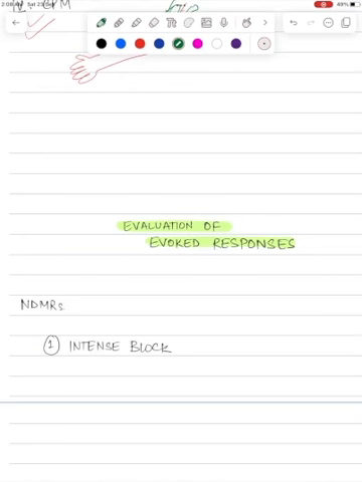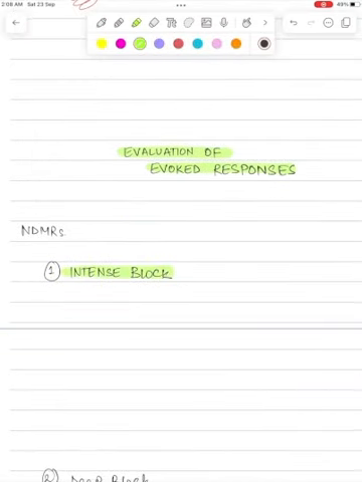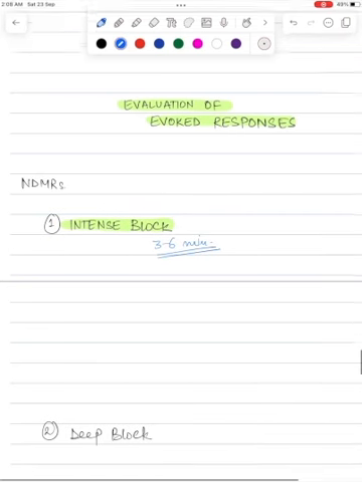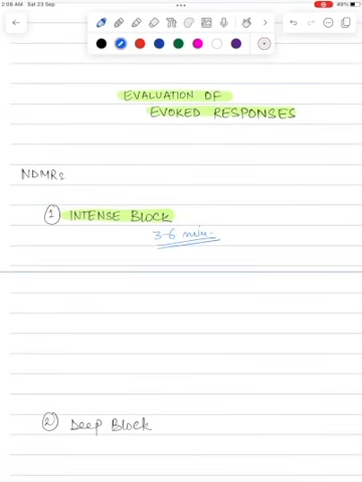Now let us talk about the evaluation of evoked responses in case of non-depolarizing neuromuscular blockers. So what happens during an intense block? After giving an intubating dose of a non-depolarizing muscle relaxant, the intense block occurs within 3 to 6 minutes, depending on which type of non-depolarizer you have used. The more potent the non-depolarizer, the slower will be its onset.